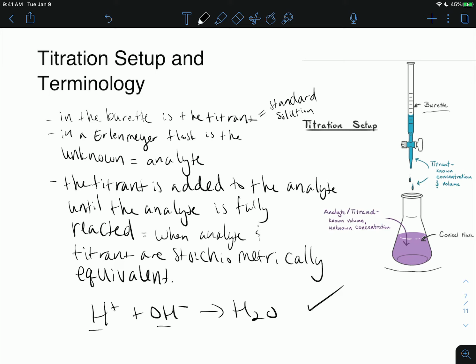Okay? So you'll keep adding in one of them until you reach this point, which is a pH equal to 7. So at the end of an acid-base neutralization titration, if we have a strong acid and strong base, our pH will be 7. We can either indicate that using an indicator.